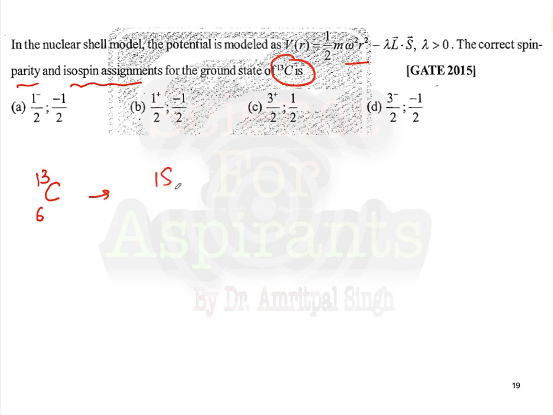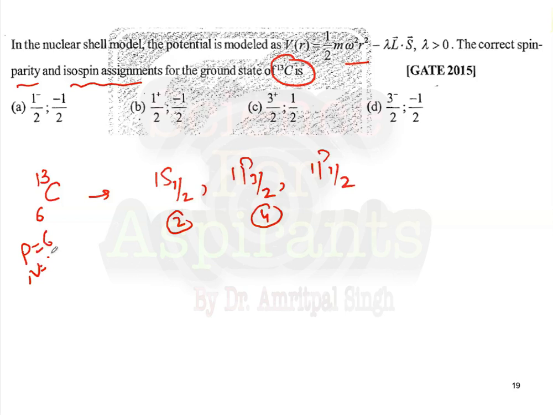The levels are 1s1 by 2, 1p3 by 2, 1p1 by 2, with 2 nucleons in the first, and 4 in the next. The proton number is 6 and the neutron number is 7, so the last unpaired neutron will be in 1p1 by 2. So J will be equal to 1 by 2, and since it is in the p orbital, it has negative parity. Second, we have to find the isospin.